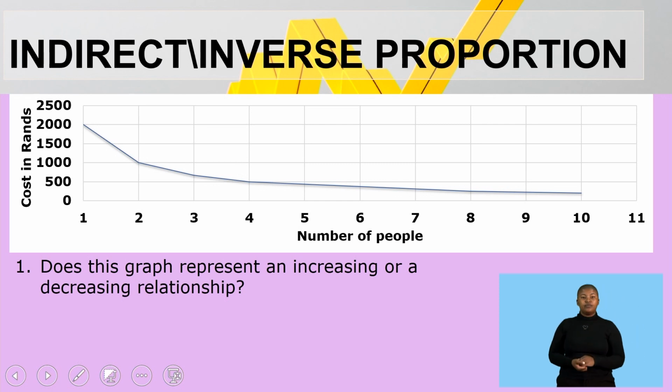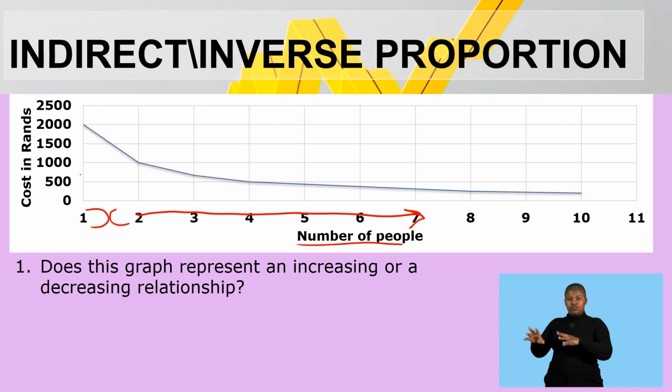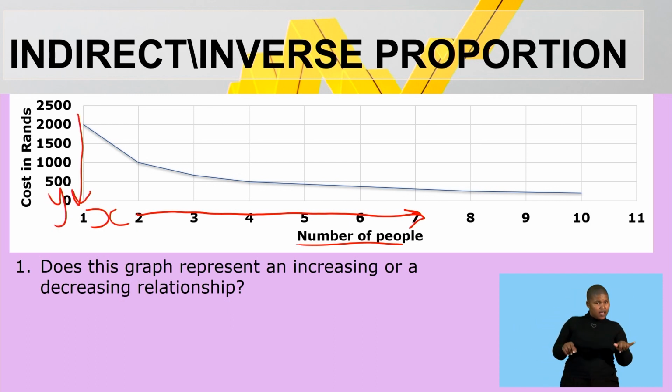Does the graph represent an increasing or decreasing relationship? Now remember, this graph is going in what direction? Let's look at the x. You can see the x is becoming more and the y is getting smaller.